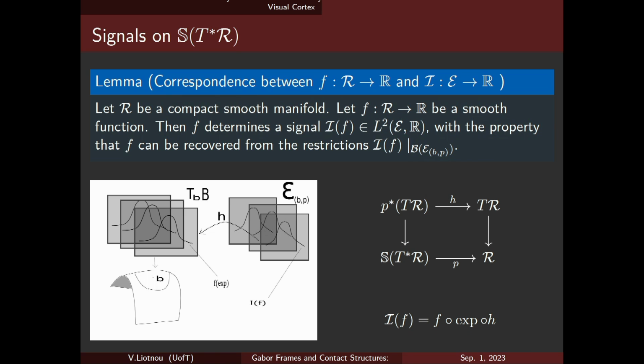Then the f function determines a lifted signal on the pullback bundle, and the f function can also be recovered from the restriction. So, although eventually the Gabor analysis will happen on the fibers of the epsilon bundle, we also need some consistency with what we actually have on the retina.